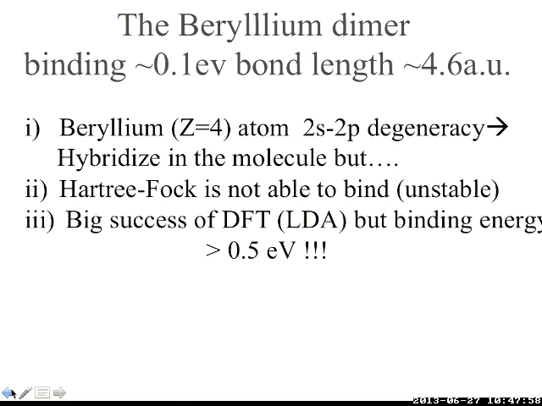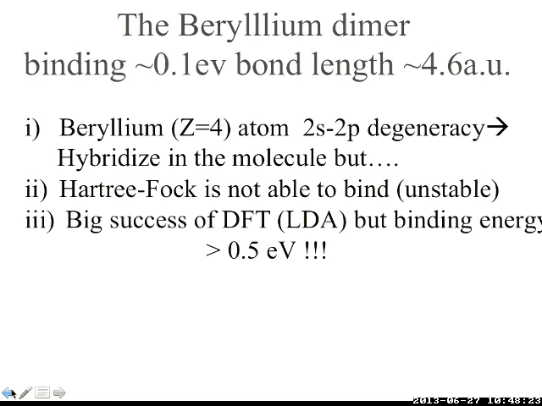In the beryllium dimer, this is a very difficult molecule, which has a very short bond length and nevertheless has a very weak binding. So it's very strange, and many methods fail.